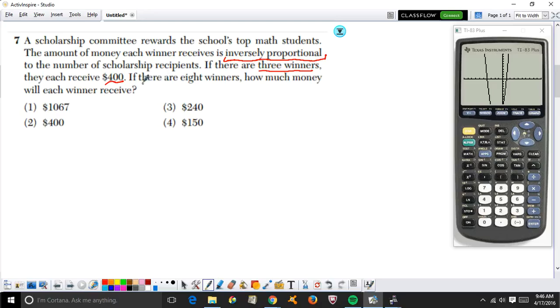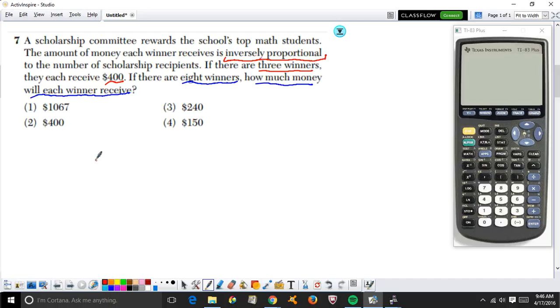Now there's another group: if there are now 8 winners, how much money will each winner receive? Inversely proportional means when one unit goes up, the other unit goes down. In this case, if the number of winners goes up, the amount of money they will receive will go down.